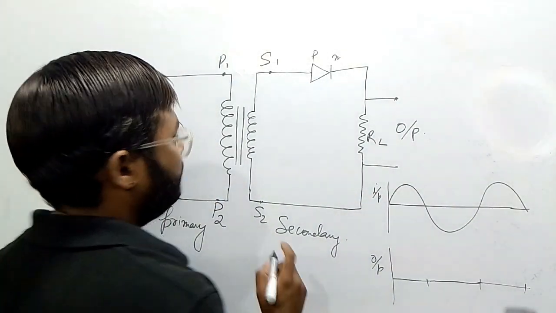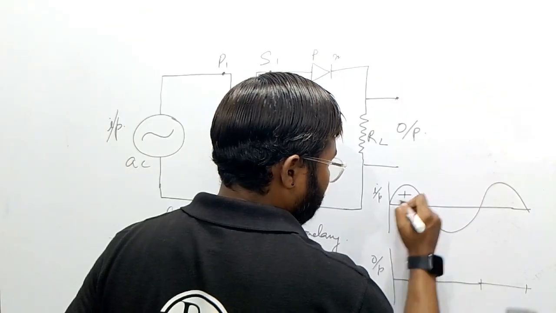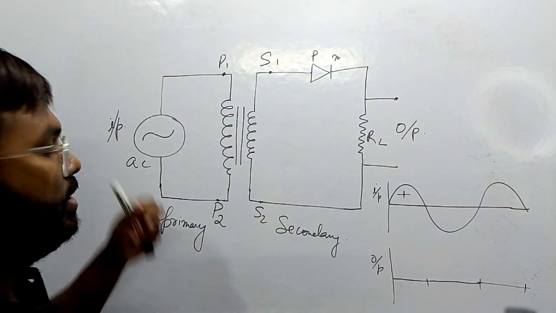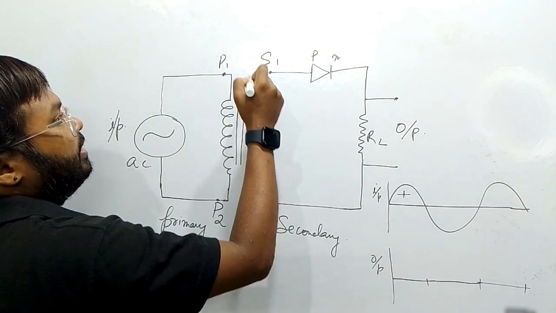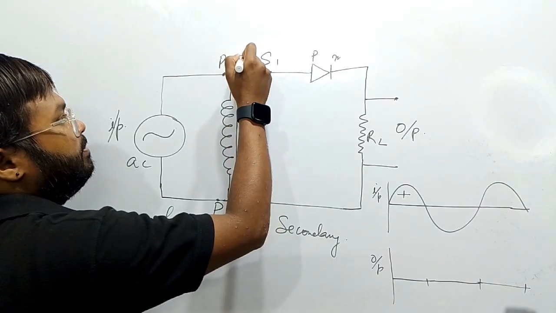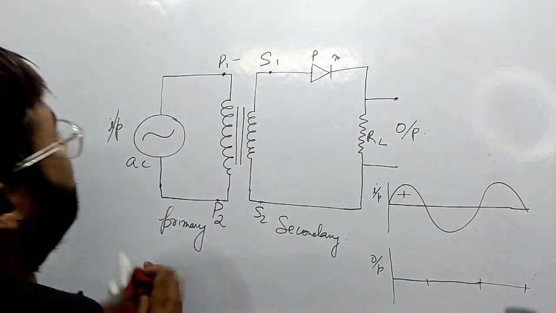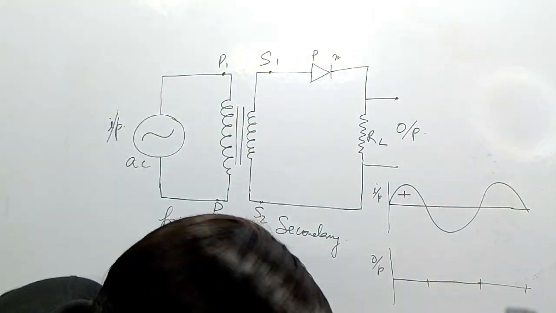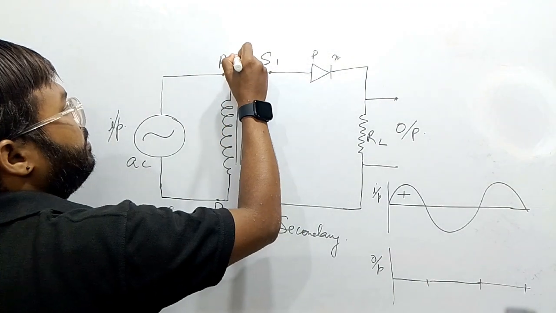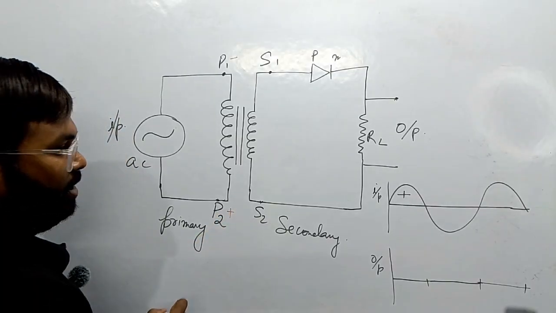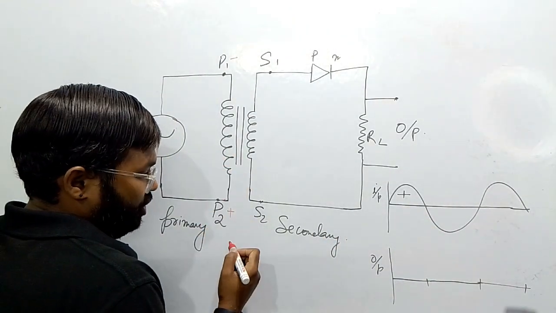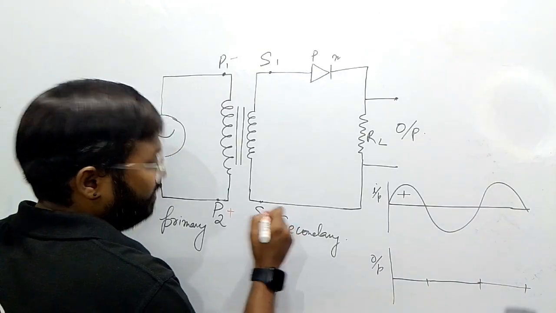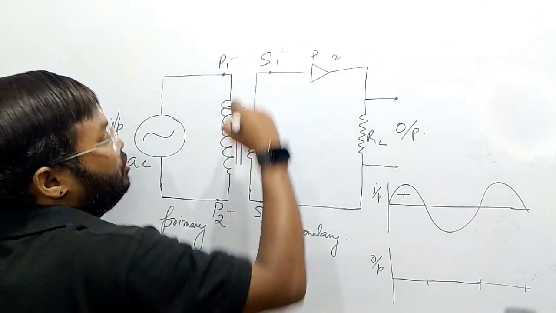See here, when the positive cycle is here, then P1 is negative and P2 is positive, for the positive cycle. And due to mutual induction, S2 becomes negative and S1 becomes positive.